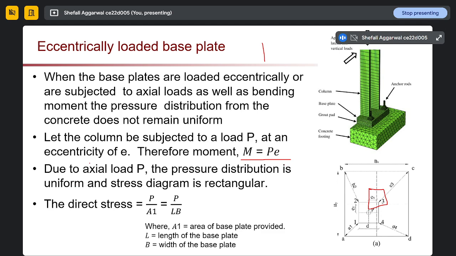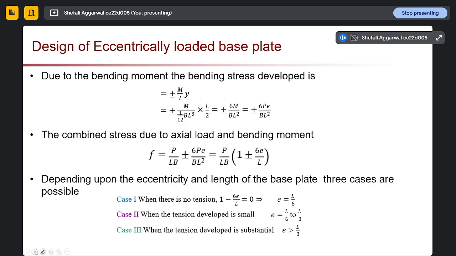Due to axial load P, the pressure distribution is uniform and the stress diagram will not be rectangular only. So we will calculate the direct stress using the formula P upon area, where area is length into width of our base plate, or we can say A into B also.